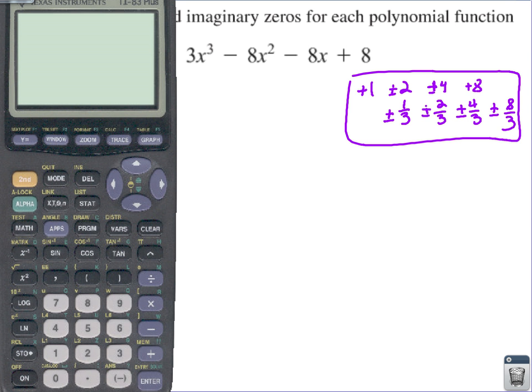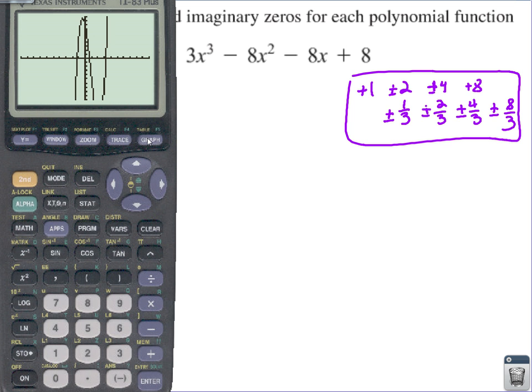Why don't you graph it? Instead of going through and trying every one of those and seeing which one would work, why don't you just graph it? Let me type that. We need to graph, and you get some polynomial function.